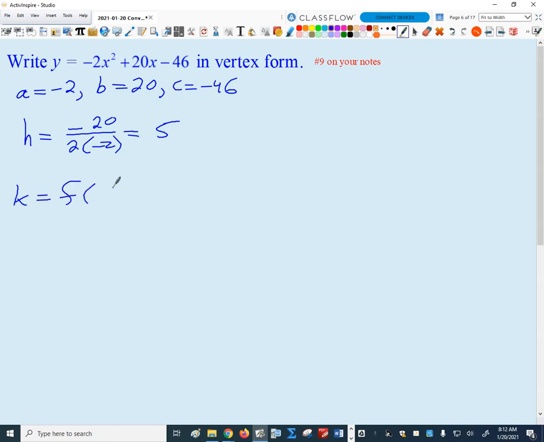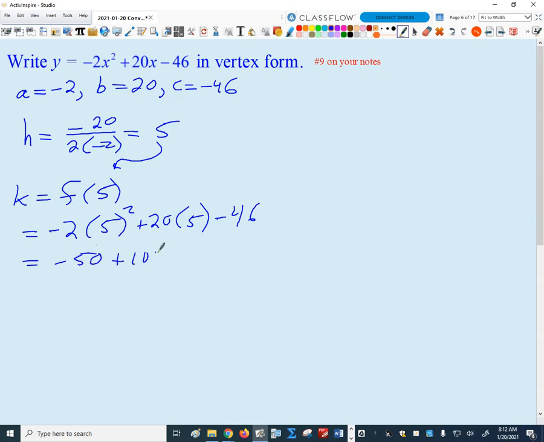k is just what we get when we evaluate our function at 5. So that's -2 times 5 squared plus 20 times 5 minus 46, which gives us -50 plus 100 minus 46, which is +4 this time.